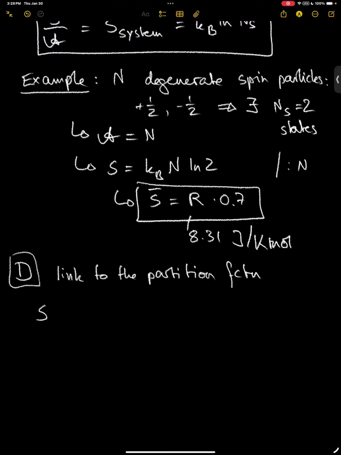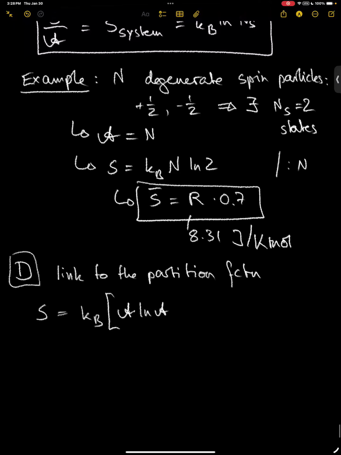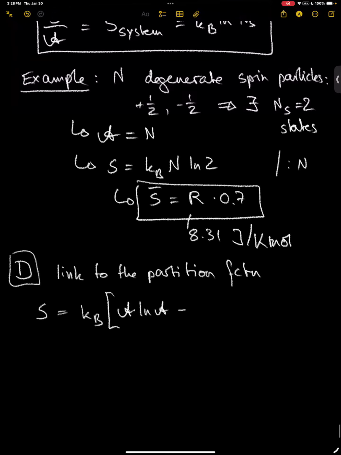We have arrived at a general expression for S as the Boltzmann constant times capital A logarithm A minus the sum over our states a_i logarithm a_i.